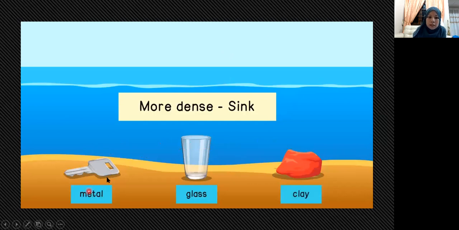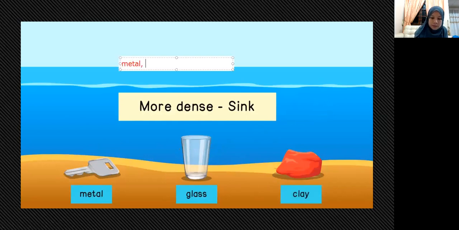As you can see here, key, which is made up from metal, glass and also clay. All of these objects sink. This is because they are more dense than water. This is water. So these objects sink because they are more dense than water. Okay, let me complete the sentence.